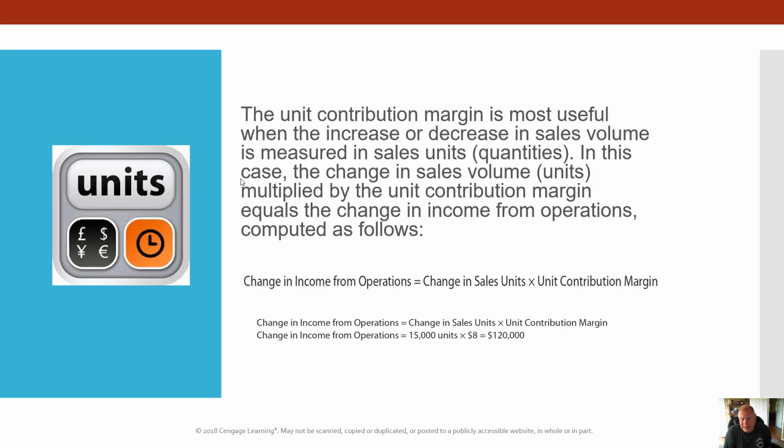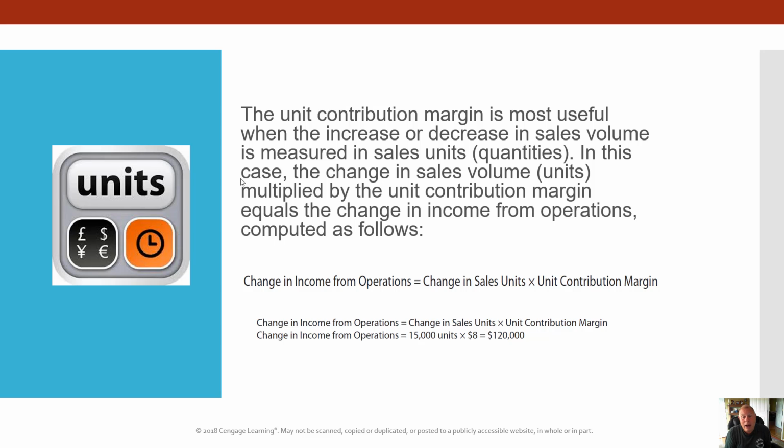What we do find, though, is that the unit contribution, when we're looking at the increase or decrease in sales volume, is measured in quantities. The change in sales volume multiplied by the unit contribution margin equals the change in income. Okay, so now a lot of times I may be in a production capacity or sales, and I need to figure out how much do I need to do.